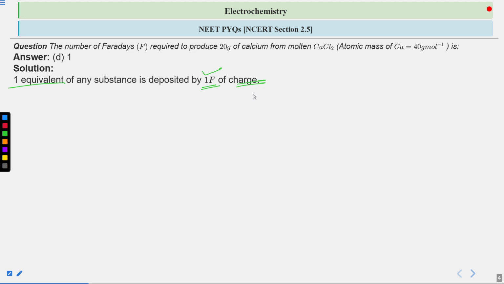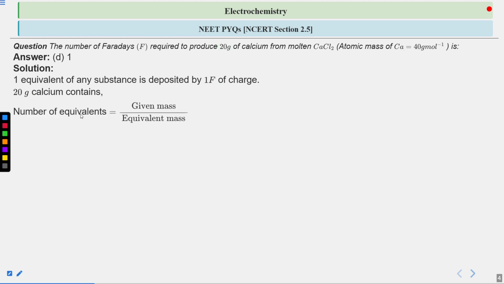So 20 gram of calcium, we have already been given, you have to produce 20 gram of calcium from the molten calcium chloride. Atomic mass is given. So if 1 equivalent of any substance is deposited by 1 Faraday, and we have the weight of calcium as 20 gram, which we want, then we get the number of equivalents of calcium, which is given by the given mass upon the equivalent mass.